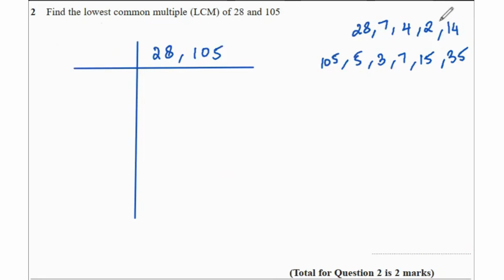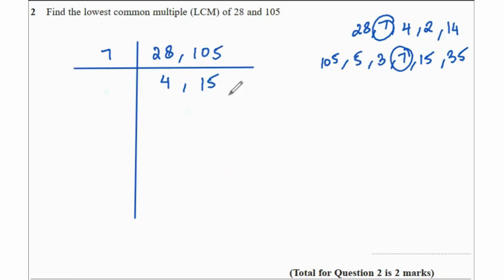So if we look at these numbers, we can see that the common number is 7. Both 28 and 105 come in the 7 times table. So when you divide 28 by 7, we get 4, and when you divide 105 by 7, we get 15.